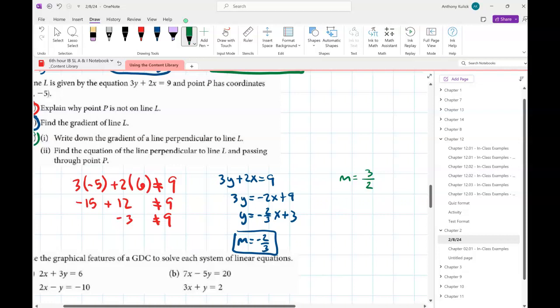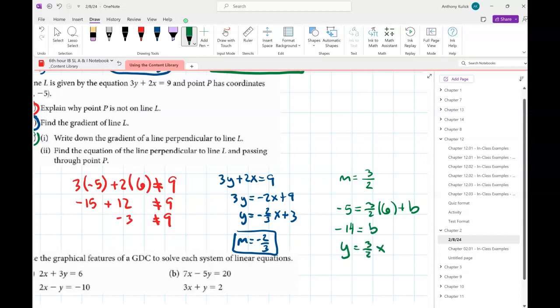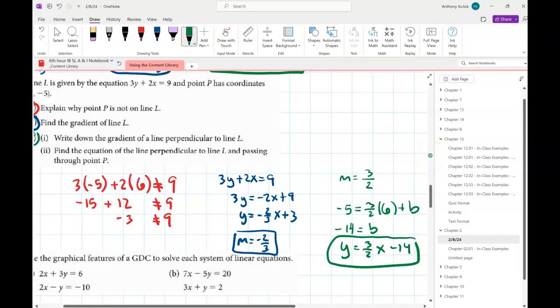Positive 3/2. And if I want the line that's perpendicular to L and passes through that point (6, -5), well, that's not too bad, right? So that gives me 9, so I subtract that over, that's -14 for b. Seem okay there? Hopefully still feels pretty easy, right?